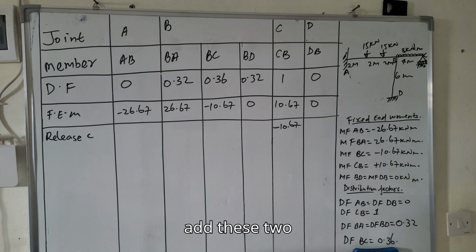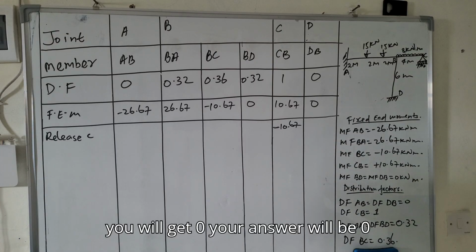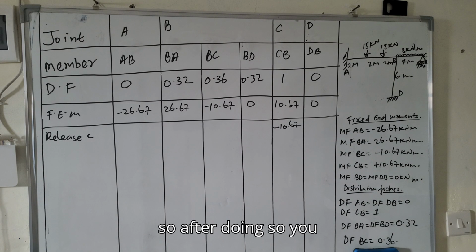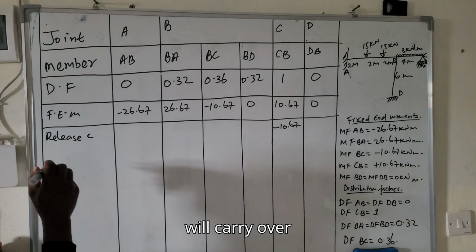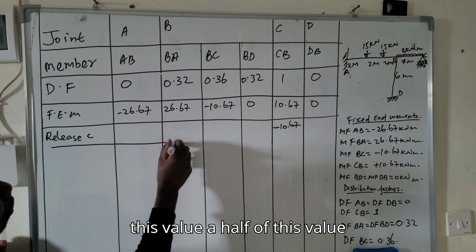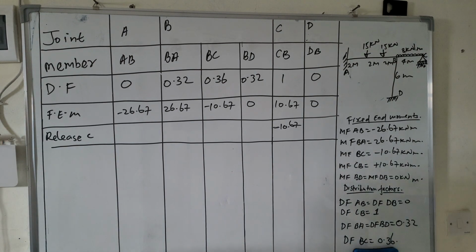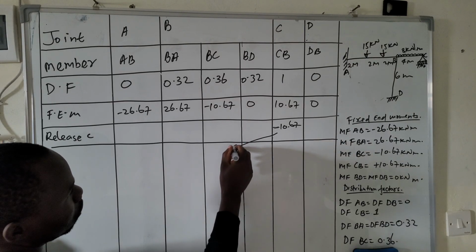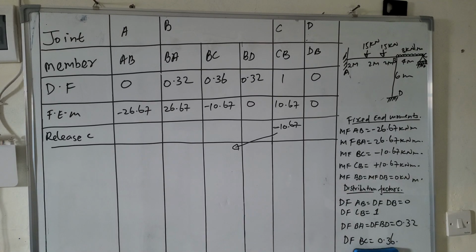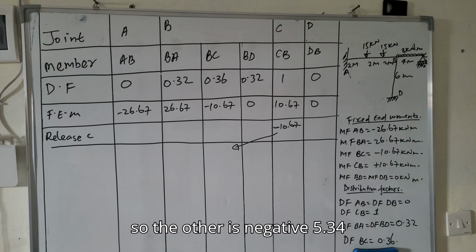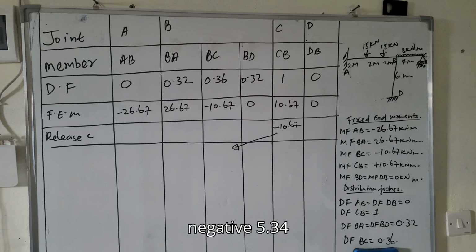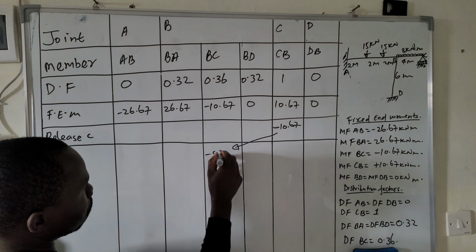If you add these two, your answer will be 0. After doing so, you carry over half of this value to the opposite member, which is BC. So you take negative 10.67 divided by 2. The answer is negative 5.34.